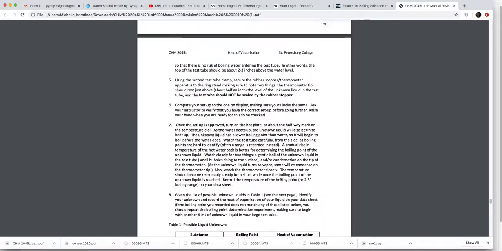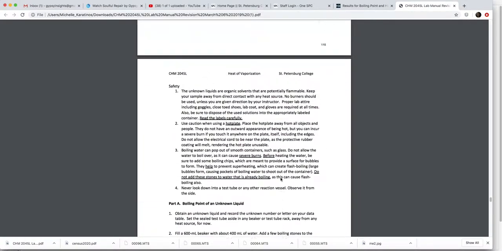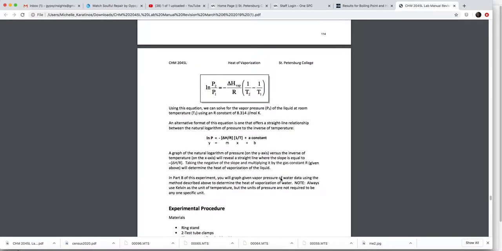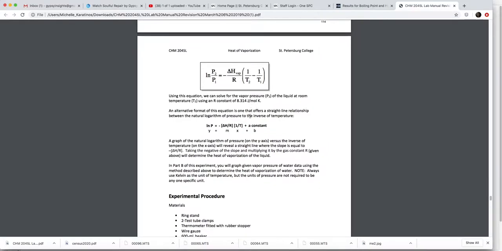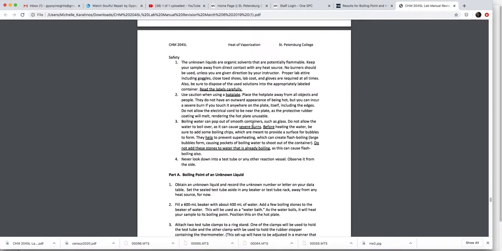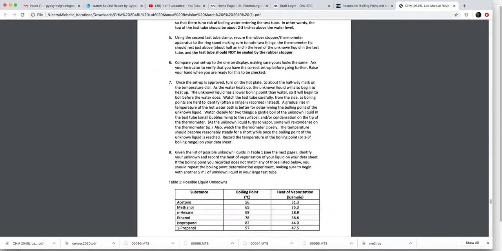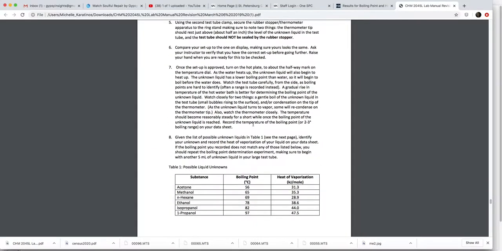Now the R value that you're going to use is 8.314 joules per mole per Kelvin. And that's going to be important as well for the units. But let's go back here and get the delta H vap, and you can see that it's going to be 47.5 kilojoules per mole.